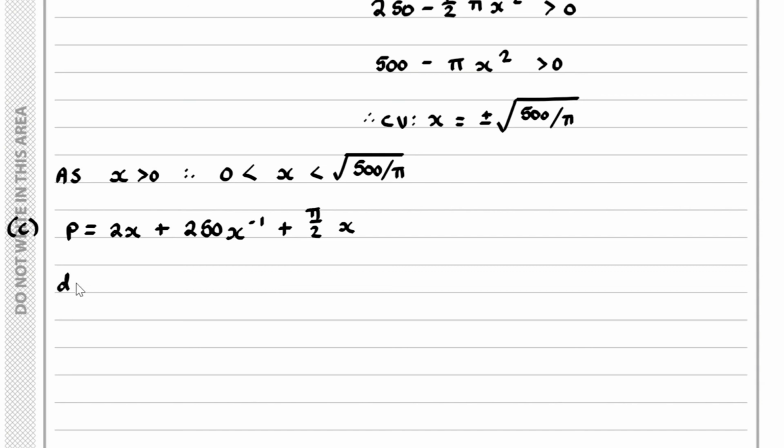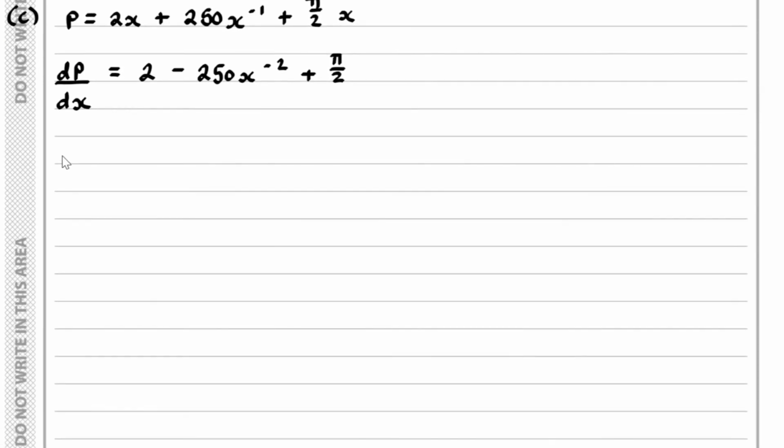So when I come to work out what dP over dx is, I've got 2 minus 250 x to the minus 2 plus pi over 2. And I need to set this equal to 0. So I have 2 minus 250 x to the minus 2, which I'm going to rewrite as 250 over x squared, and then I'm going to add on pi over 2, and this is all equal to 0.